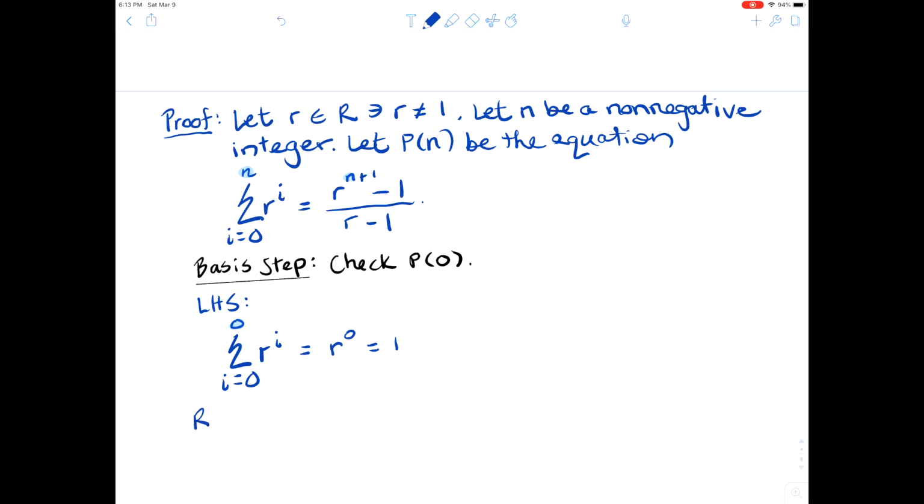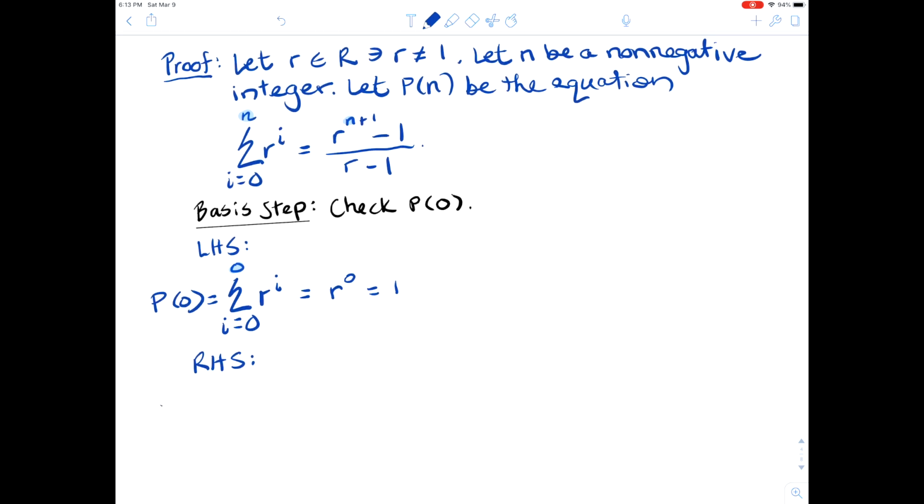So for our right-hand side, P at 0 is equal to r to the 0 plus 1 minus 1 all over r minus 1.